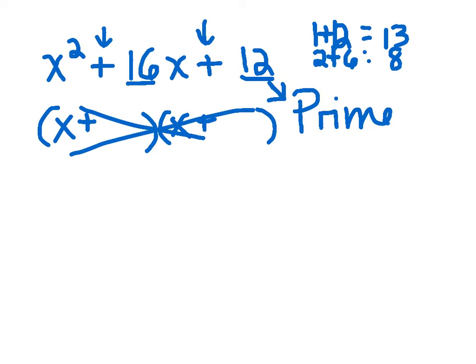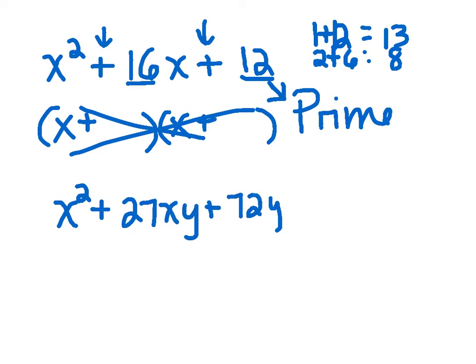The one last thing that I want to encourage you to do is sometimes it's not that obvious. If I say x squared plus 27xy plus 72y squared, I can always start out with the givens, and that's easy. I know that I'm going to have to put an x here and an x there, a y here and a y here.